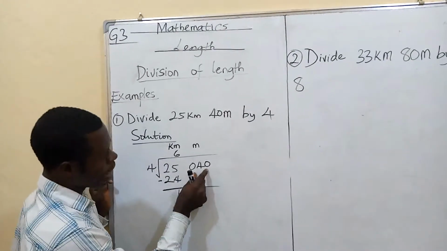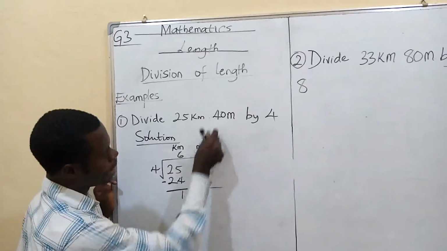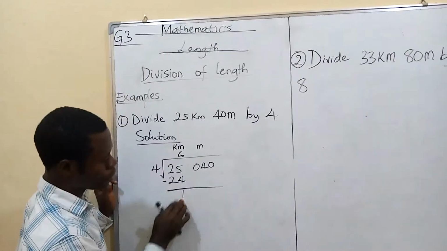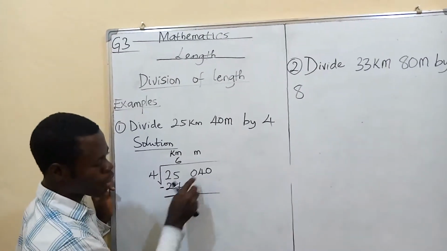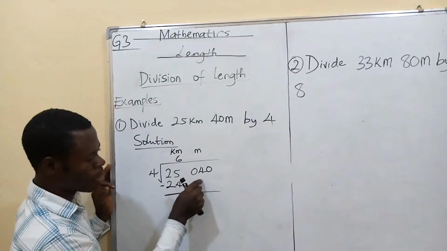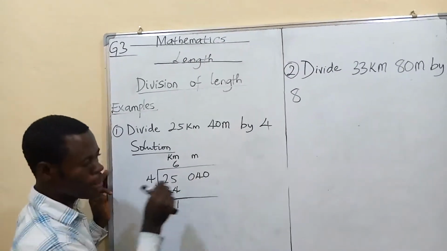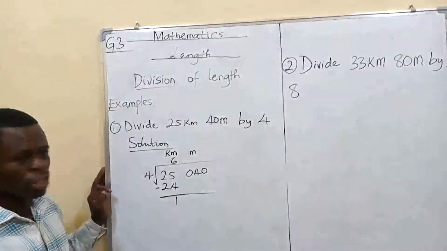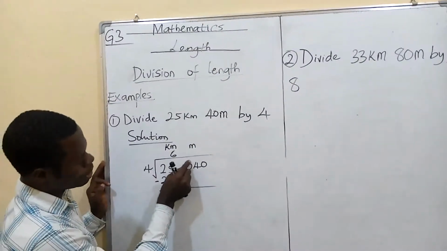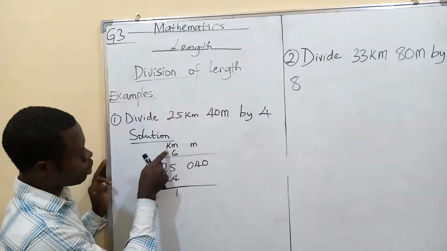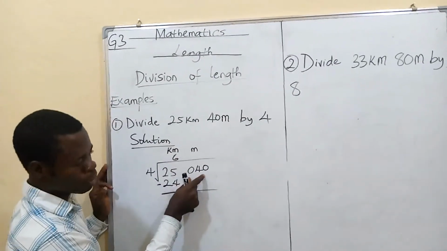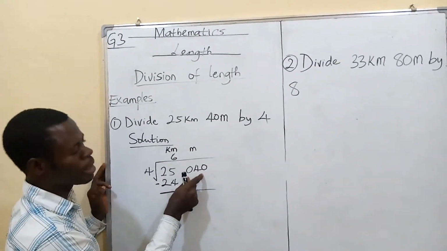So leaving the number here at 40 may get you confused, because at the time you're going to add this to this, you are going to have 140 instead of 1040 meters. So this zero, I brought it in for you to understand that before you get to 1 kilometer, you will have to get up to 1000 meters.